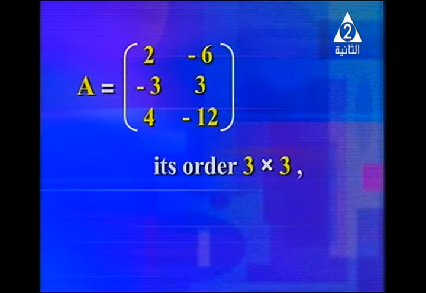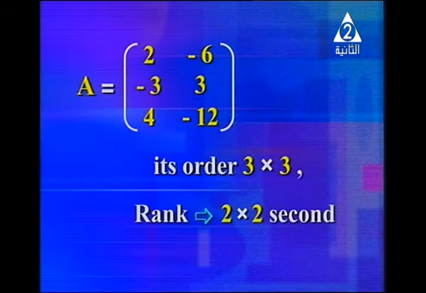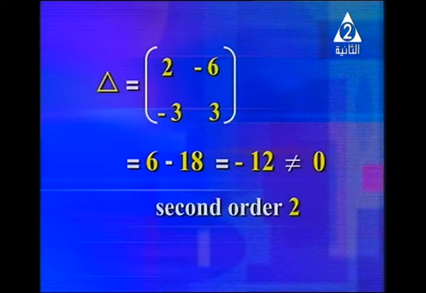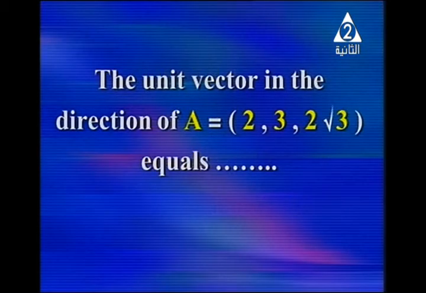What is the order? 3 by 2. The rank is at most 2. Then delta, what is the delta? It equals 2 times 3 minus -6 times -3, equals -12, not equal 0. Then second order 2. Then the rank is 2.